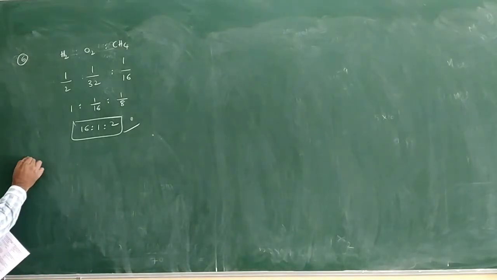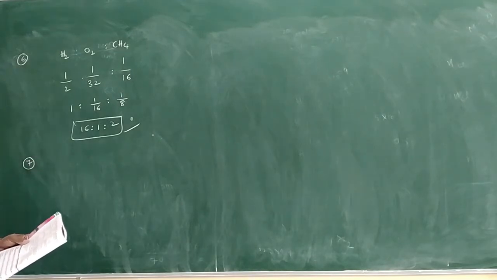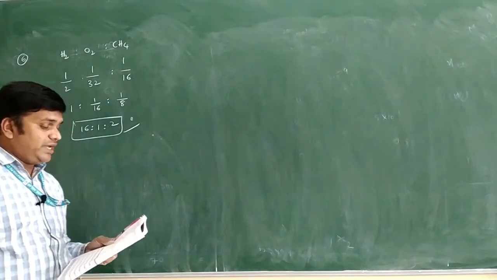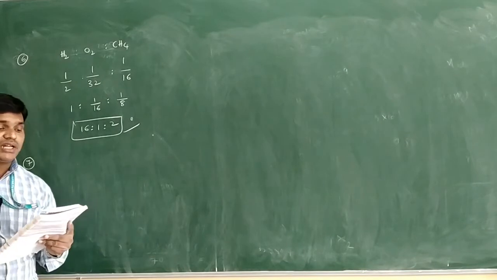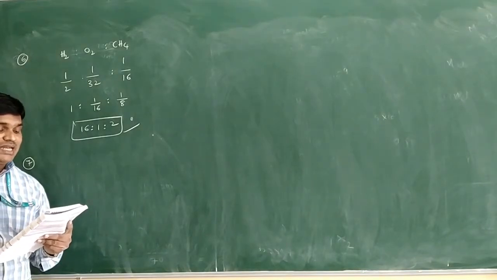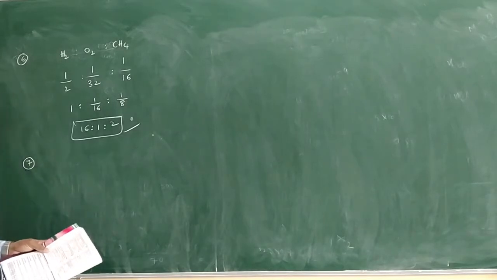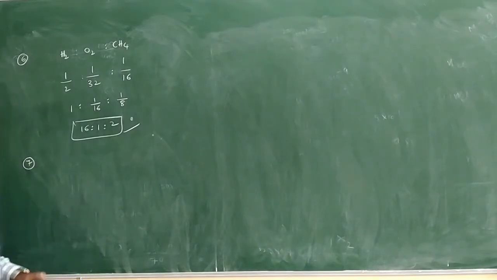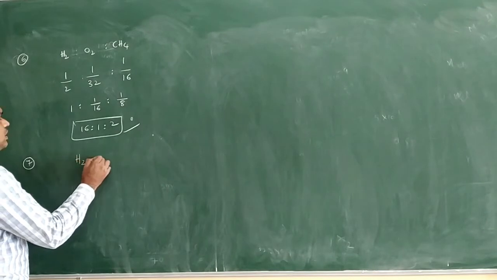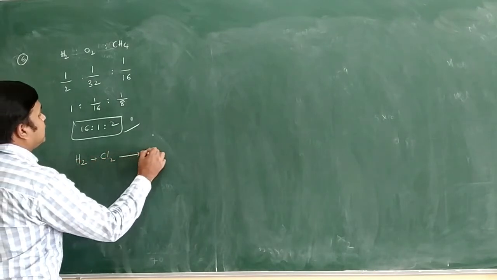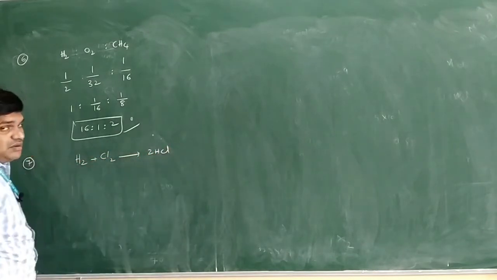Now you can see question number 7 we have. When 22.4 liter of H2 gas is mixed with 11.2 liter of Cl2, each gas at STP, the moles of HCl formed is equal to. So for this we have to first write the balanced equation. H2 plus Cl2 gives rise to 2 HCl I am taking.